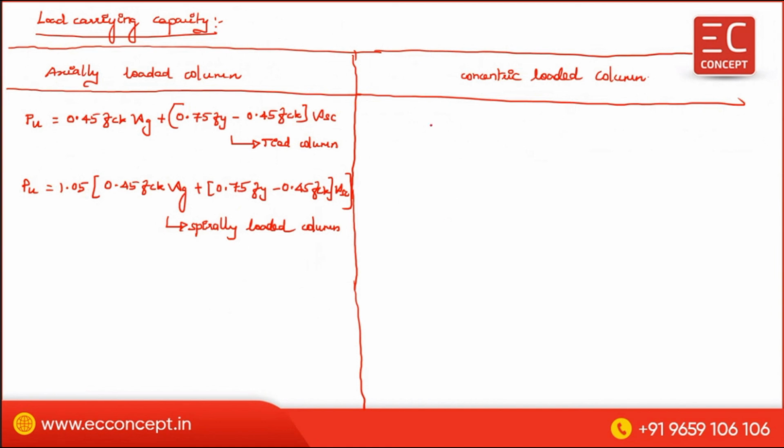Next is the concentric loaded column, with the same formula and a small modification. Pu is equal to, instead of 0.45, we use 0.4 fck Ag plus, instead of 0.75, we use 0.67 fy minus 0.4 fck into Asc.